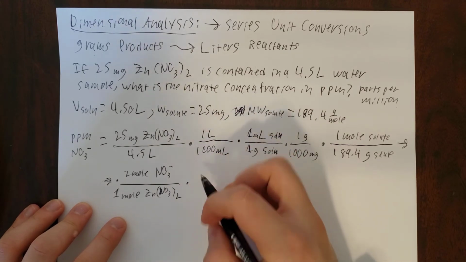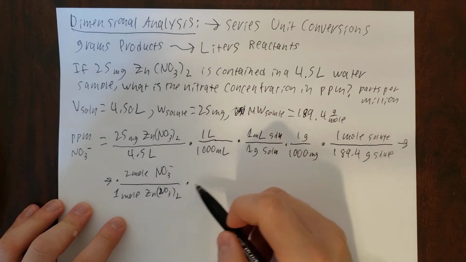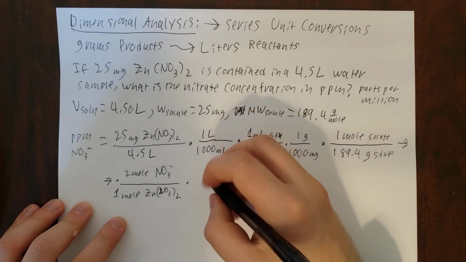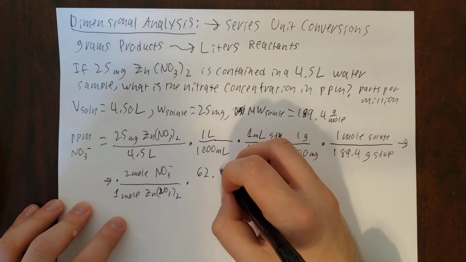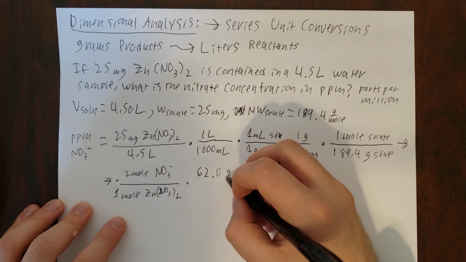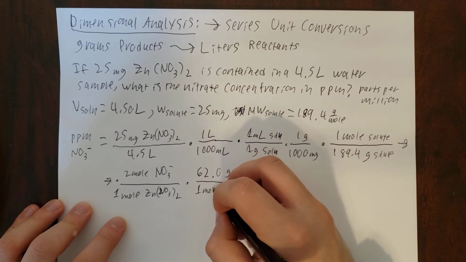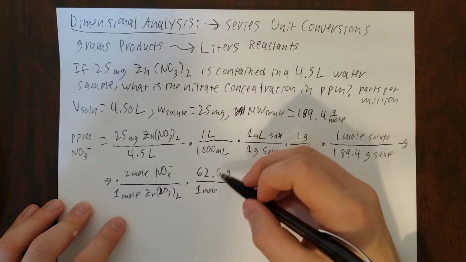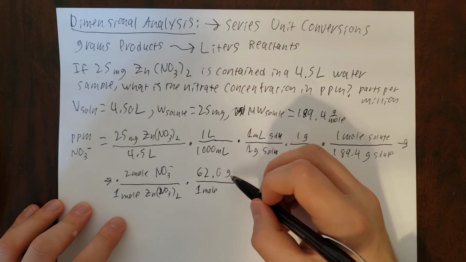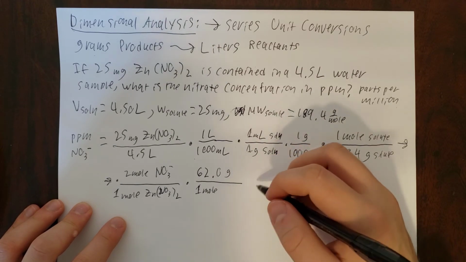Then finally we multiply back out by nitrate's molecular weight to find the grams of nitrate. It's going to be 62 grams per 1 mole. So 62 grams per mole is the molecular weight of nitrate anion.